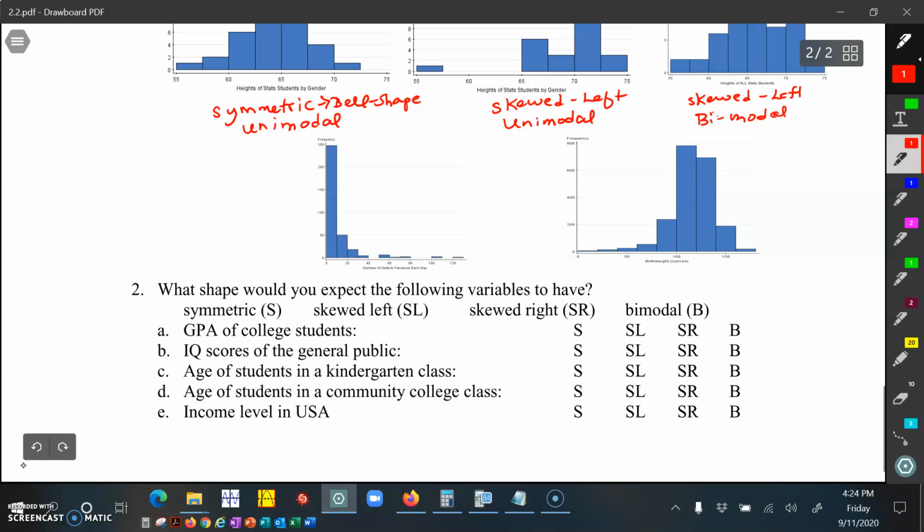All right, this last one, last row, I'm sorry. This first one here is skewed right. And definitely unimodal, there's one peak. And then this last one I would say is skewed left and unimodal as well.